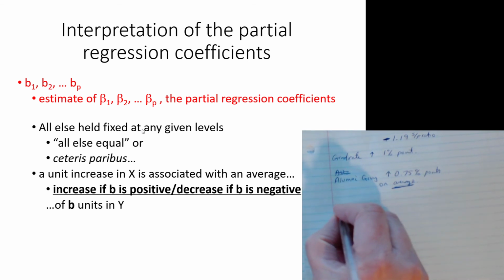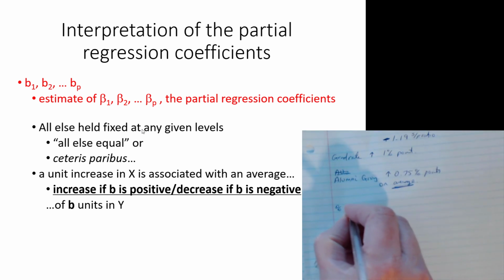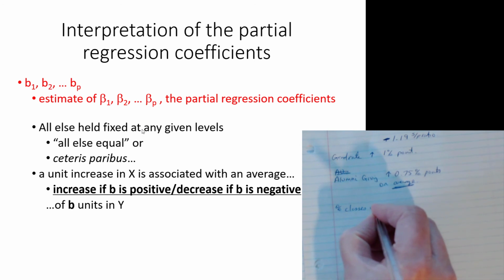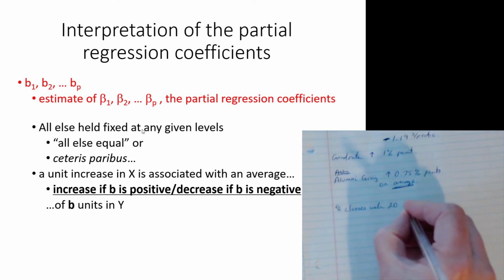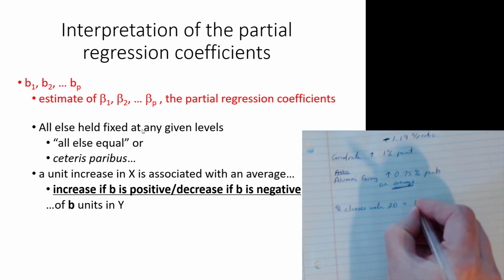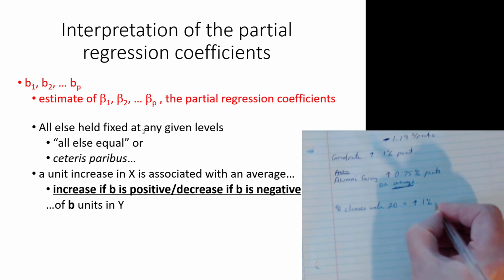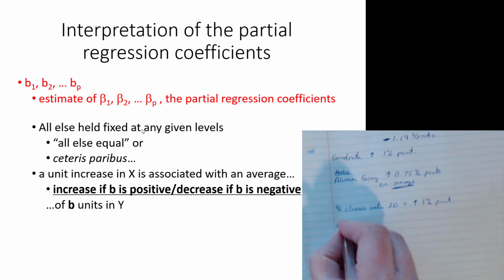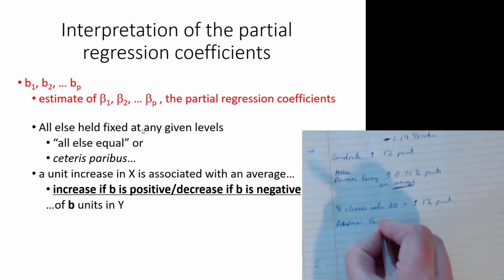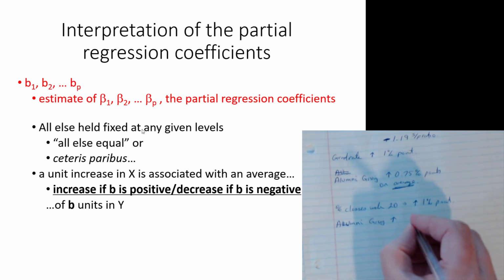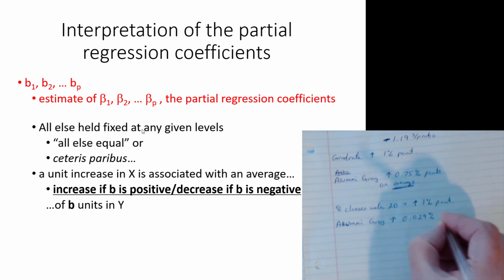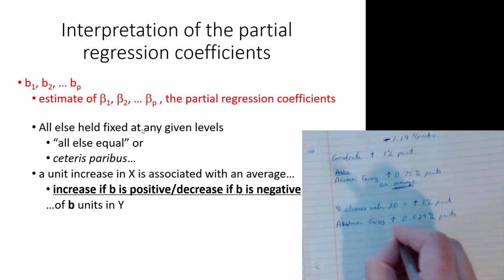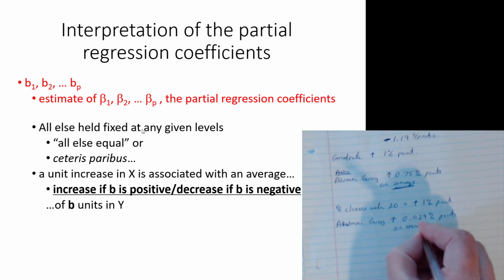So if the percentage of classes with under 20 students goes up by 1 percentage point, alumni giving increases by a little bit less, 0.29 percentage points, and again, on average.